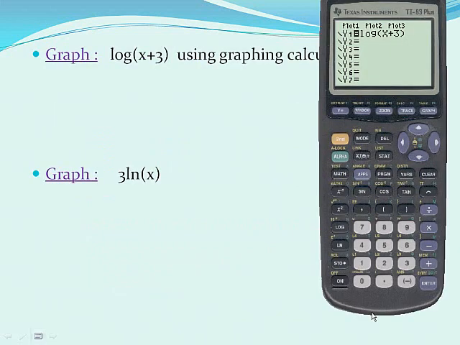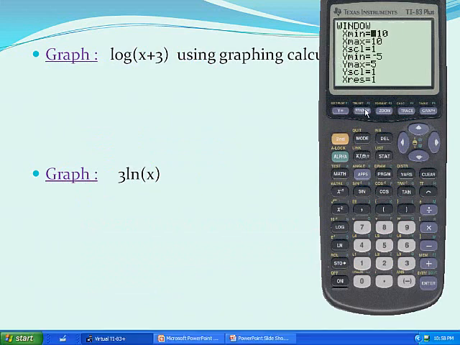Here we are going to graph log of x plus 3. Select a window, negative 10 to 10 for x and negative 5 to 5 for y. If we press graph, we will get the graph of y equal to log of x plus 3. To graph the second function, we need to type in 3 times.